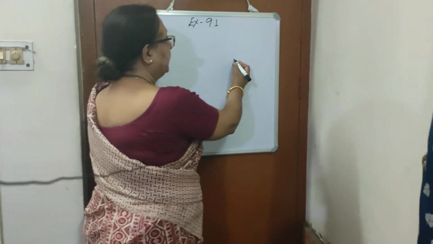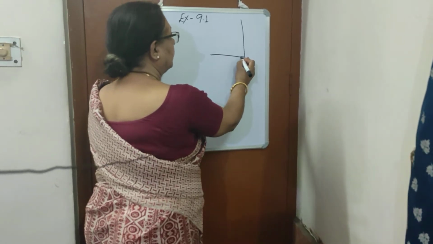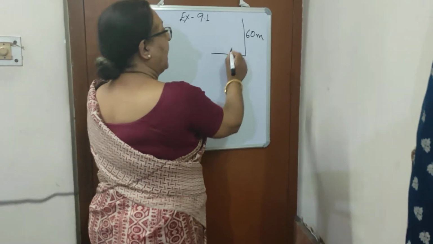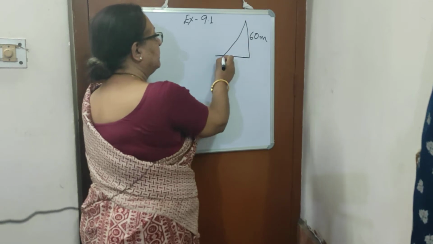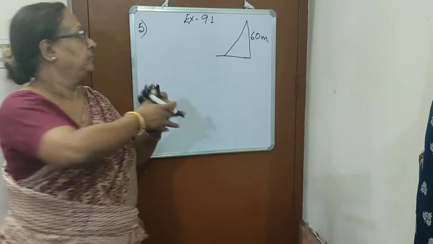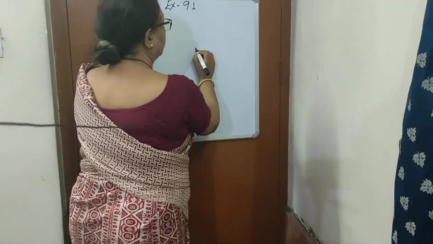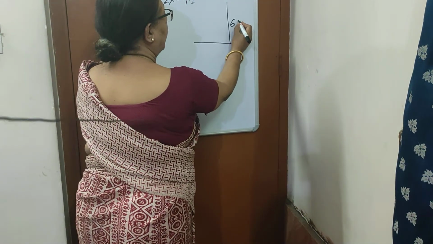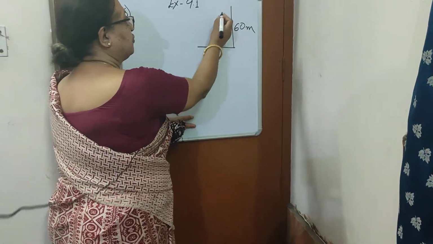So, we draw the figure, this is the ground, this distance is 60 meters, the kite is at a height of 60 meters.